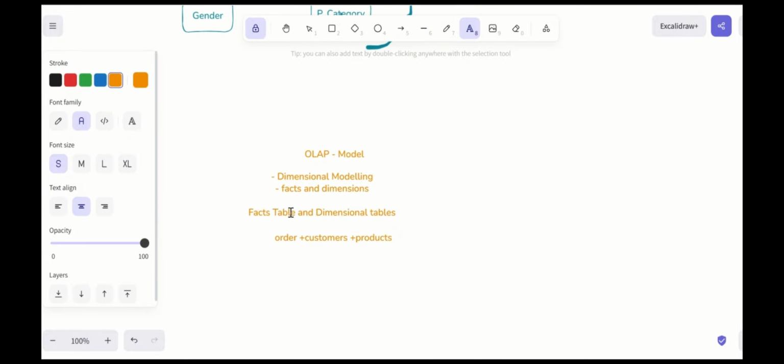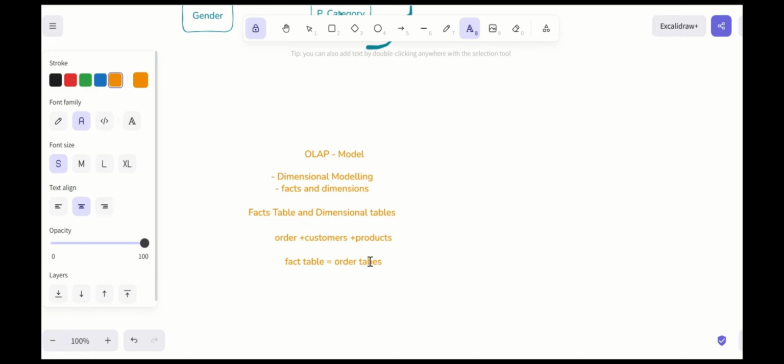And we've said fact tables contain the transactions of the business. So the orders table will contain the orders, and orders are the transactions. So the fact table here will be the orders table.